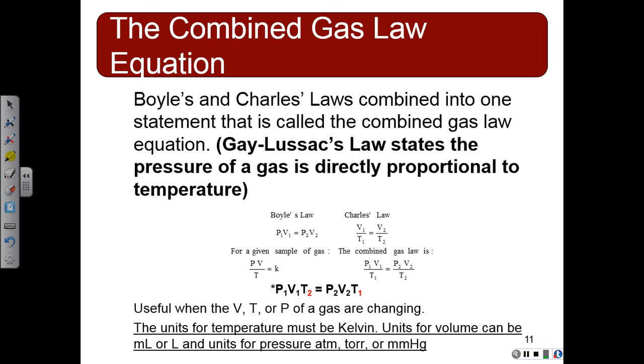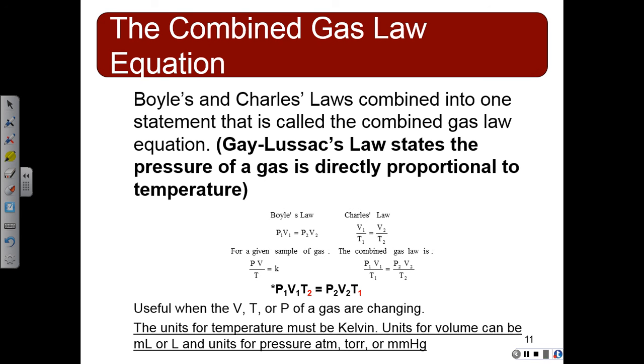So what this is used for is when you have a gas at a certain pressure, volume, or temperature, and then you change it. And you want to find out, if I change the pressure and the volume, what's my new temperature going to be?